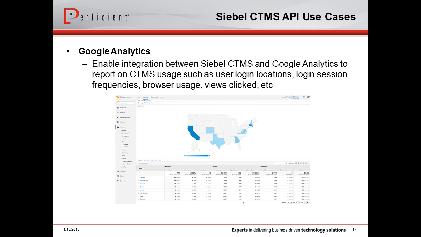And finally, the last example that we have to look at is Google Analytics. This could be another analytics platform, but we've integrated it with Google Analytics. With Siebel and the Google integration, we can report on various usage statistics on our application.